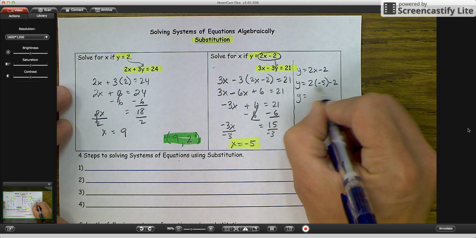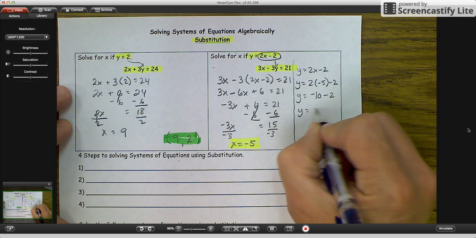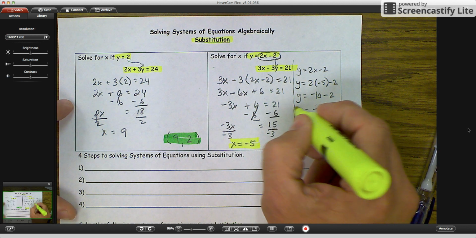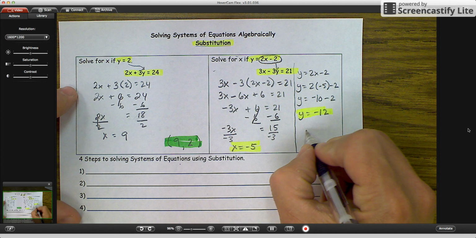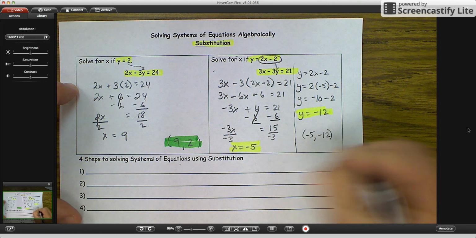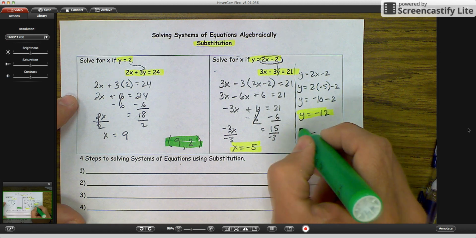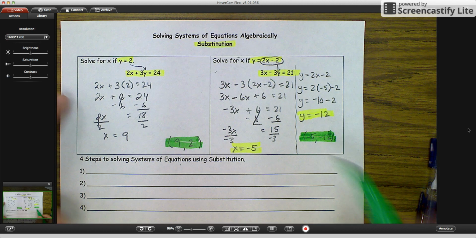Y equals negative 10 minus 2. Y equals negative 12. So now we have an x coordinate and a y coordinate, and we just have to put them together. Negative 5, negative 12. So our solution of these two lines, where they would intersect, is the point negative 5, comma negative 12.